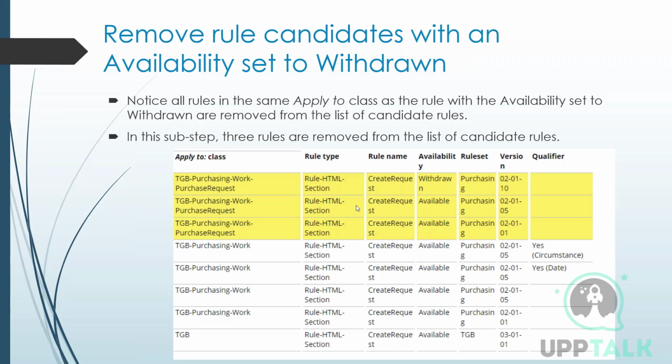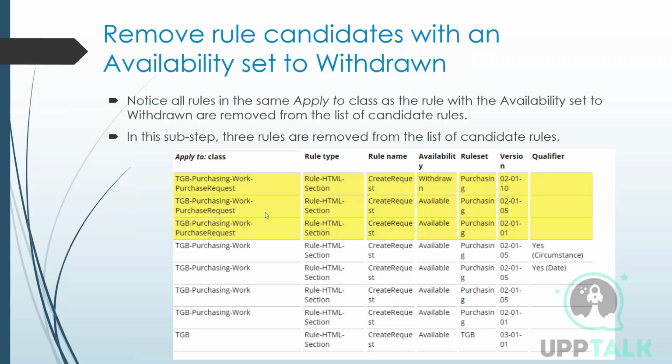So that's why you see here 3 rule candidates are highlighted. The first one is withdrawn, so anyways it is out of the question. But the system checks, are there any other rules with the same kind of properties? Be it your classes, the rule set, it will check the version, and it is going to check the major version first.